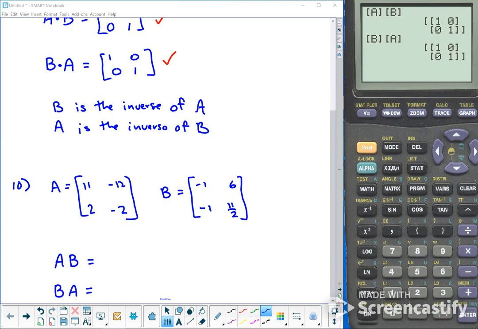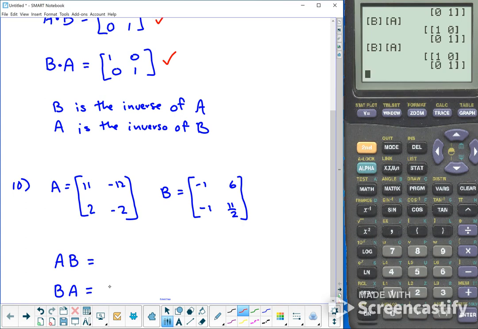Now I'm just going to do matrix B times matrix A. That gets me the 1, 0, 0, 1. You can write it like how I wrote it up here, or you can write it as equal to your identity matrix of order 2. That one checks off. Then I'm going to do matrix A times matrix B as well. So just pull that up, and it does work.